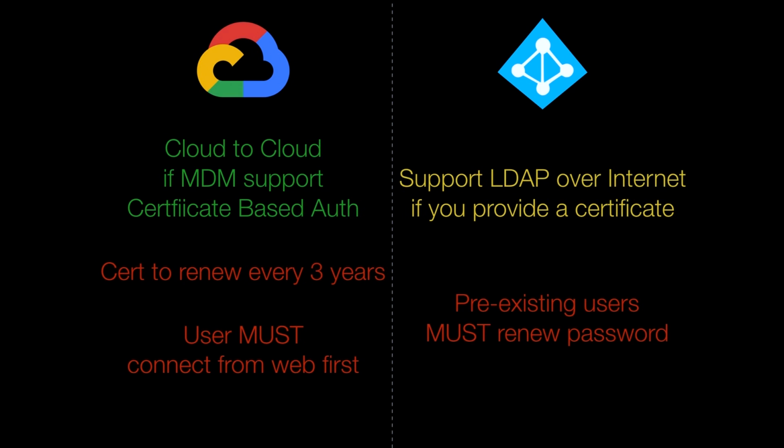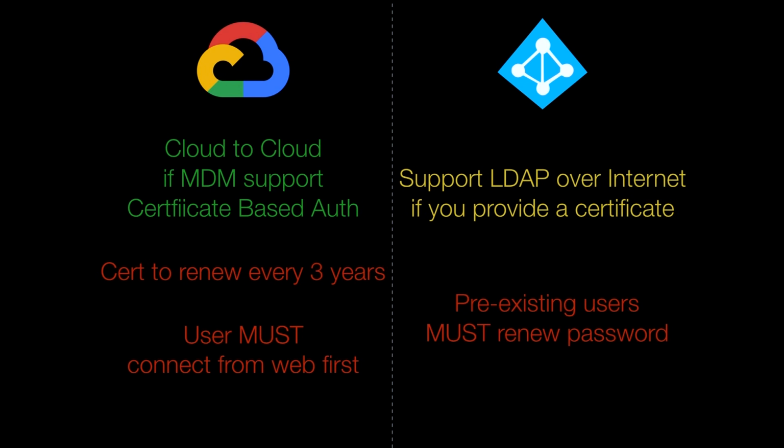It can be over a VM relay agent or directly. You will have every 3 years to think about, hey, I need to renew my authentication certificate. And another downside is, if you are just relying on Google Cloud and not a third-party solution to create the identity, the user must connect from the web first.